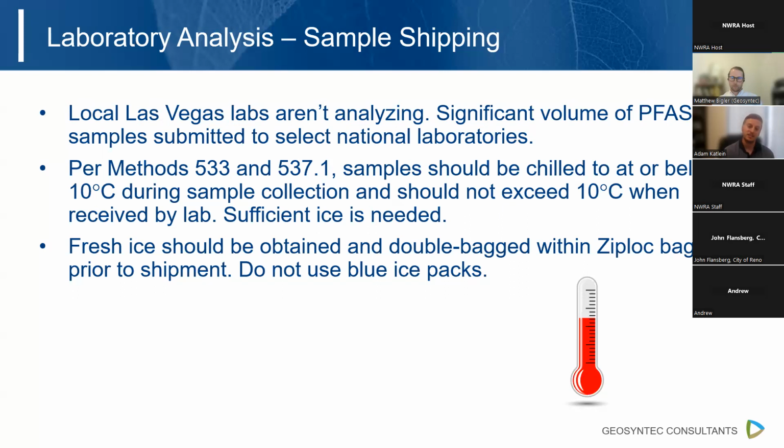Because of the potential, again, for cross-contamination at these parts per trillion levels, we'd recommend fresh ice be obtained to keep it below temperature, and that it be double bagged within Ziploc bags to prevent any leaking, getting to the samples and potentially contaminating them. We also recommend not using the blue ice packs at any point in the process, just because of cross-contamination concerns and not knowing where those blue ice packs have been previously.